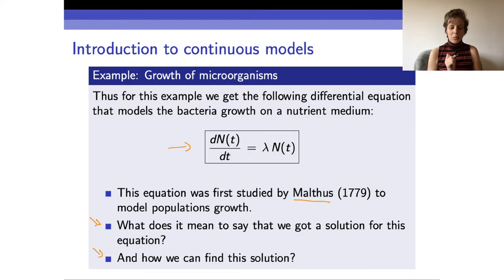So the question, what does it mean to say that we got a solution for this equation? Here we are trying to find a function n that satisfies this relation, that del n del t is equal to lambda n.